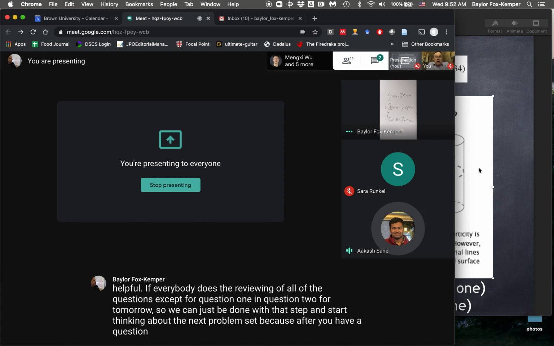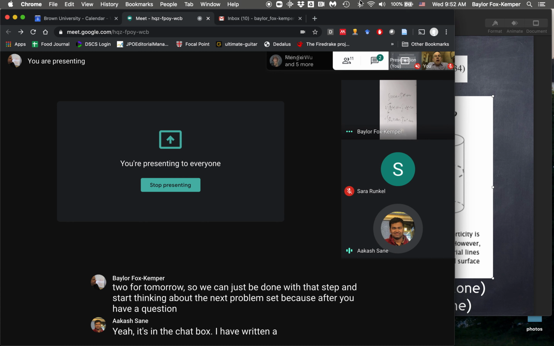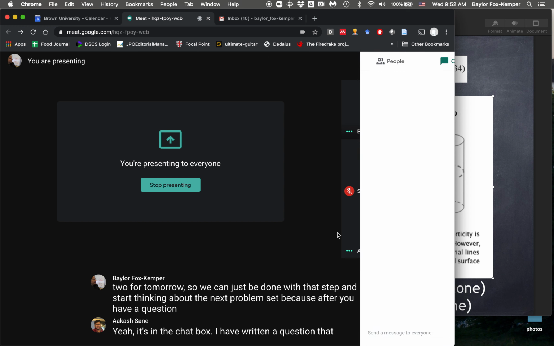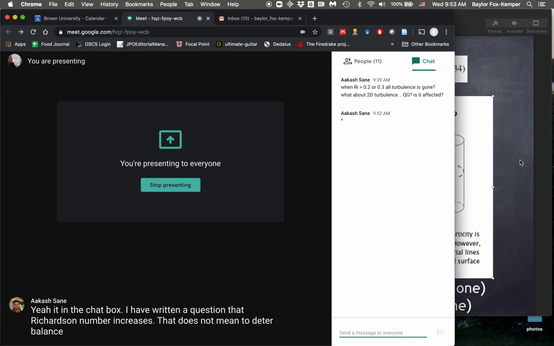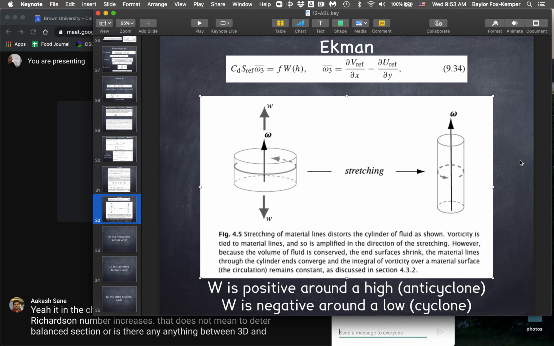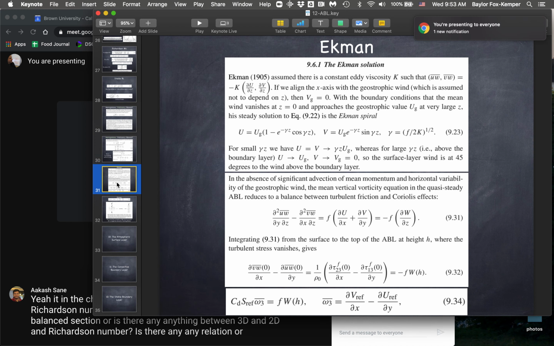Yeah, in the chat box I have written a question: as the Richardson number increases, does that mean 2D turbulence sets in, or is there anything between 3D and 2D and Richardson number? Is there any relation? That's an excellent question.